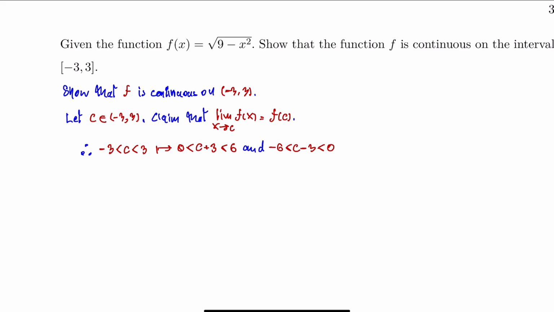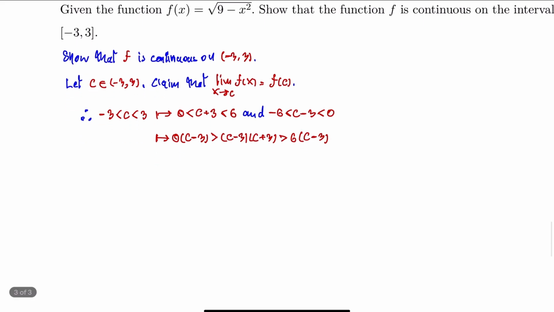And then we multiply this term. So what do we have here? It's like I multiply by c minus 3 on each side of this inequality. But c minus 3 is less than 0. So we're going to have 0 times c minus 3 greater than c minus 3 times c plus 3 greater than 6 times c minus 3.